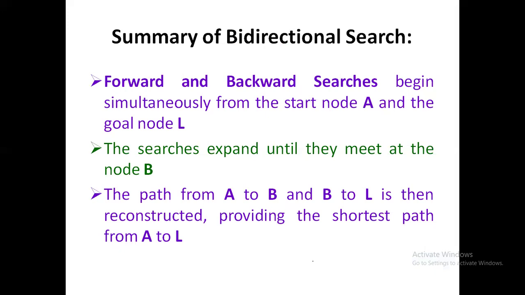Once the searches meet, the path is easily reconstructed by combining the forward path A to B and backward path B to L. And we get a significant reduction in search space by searching from both ends.